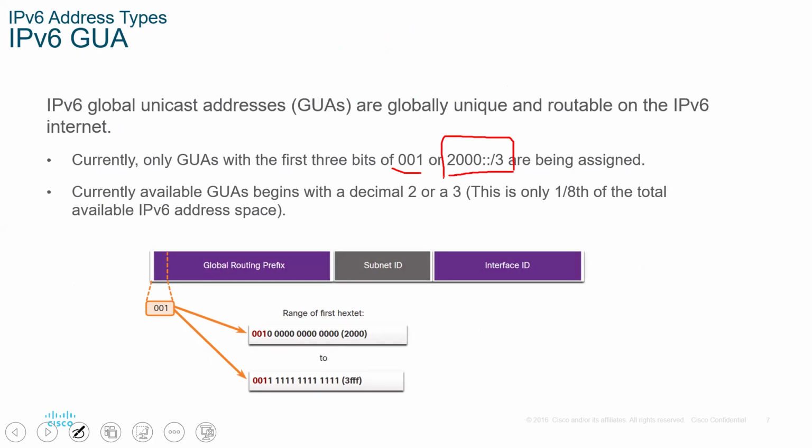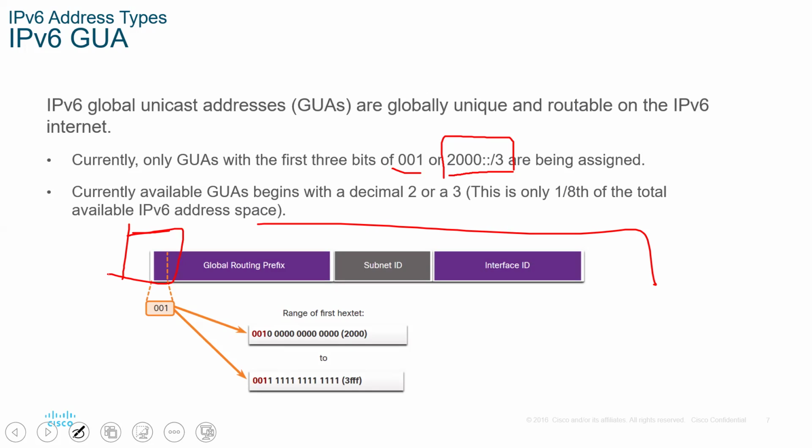What we are saying is that out of these 128 bits, the first 3 bits in binary are the ones that actually give it. So the current available global unicast address begins with a decimal 2 or 3.